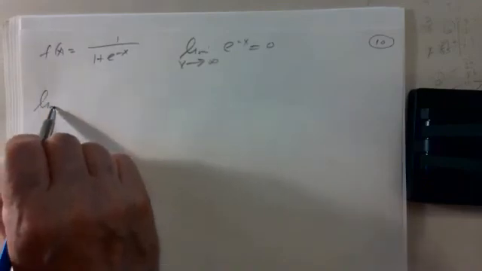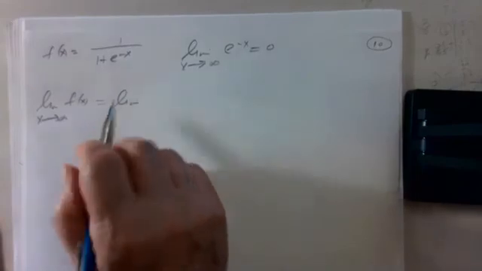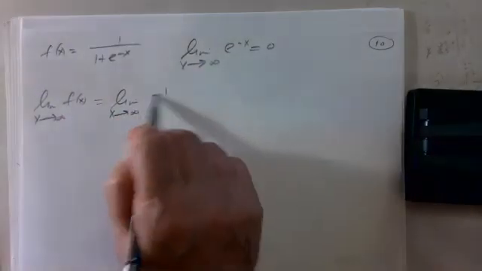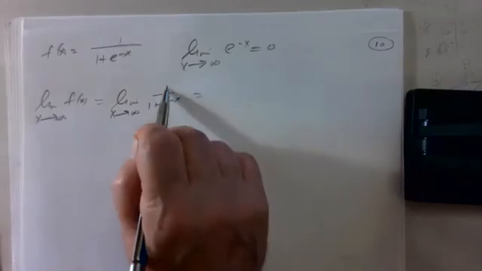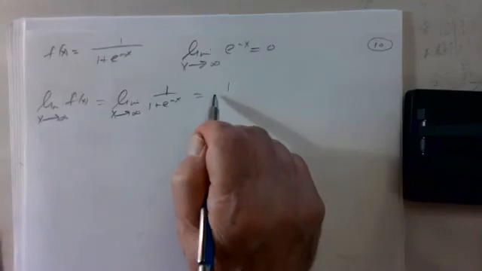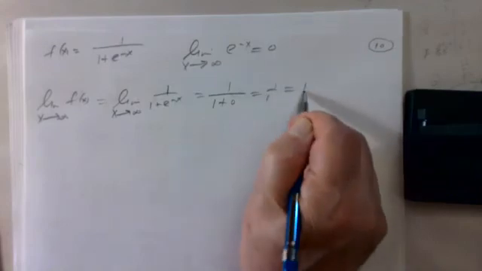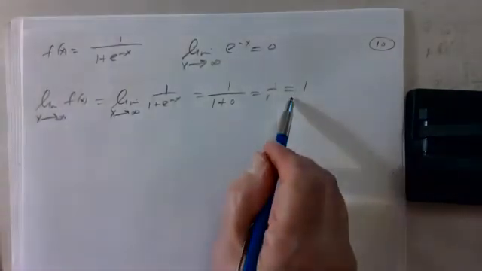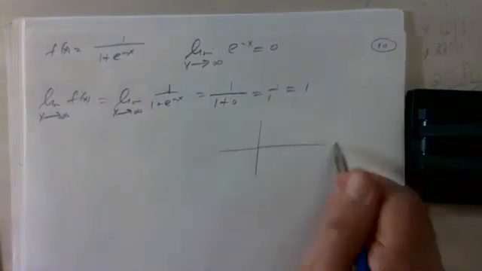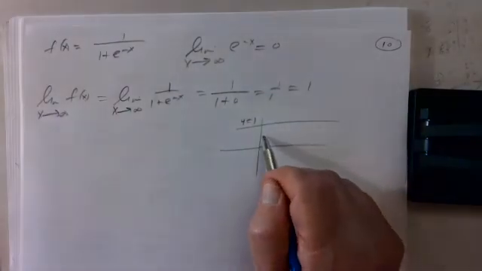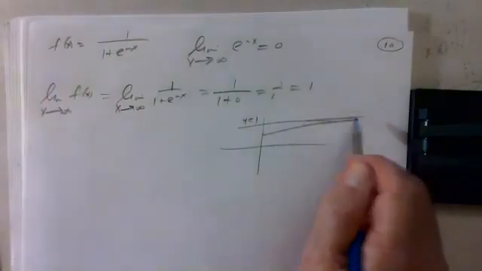So if I take the limit of f of x as x goes to infinity, that's the limit of one over 1 plus e to the minus x. The numerator is just 1, it's constant. The limit of 1 plus e to the minus x is 1 plus 0. So this is 1 over 1, which is 1. So the limit as x goes to infinity for this function is 1. It's approaching 1.